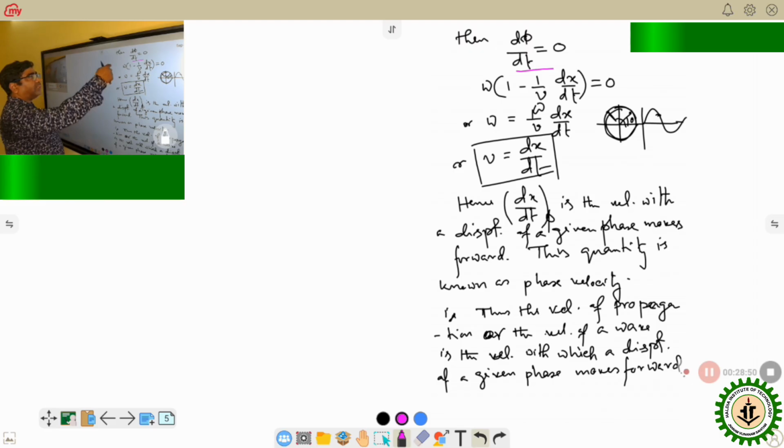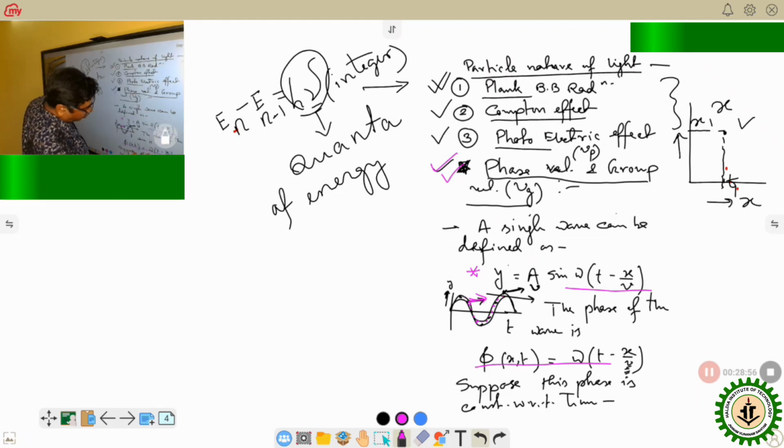So if I differentiate the above equation, omega into (t minus x by v), with respect to t, we would obtain omega minus 1 by v dx by dt.